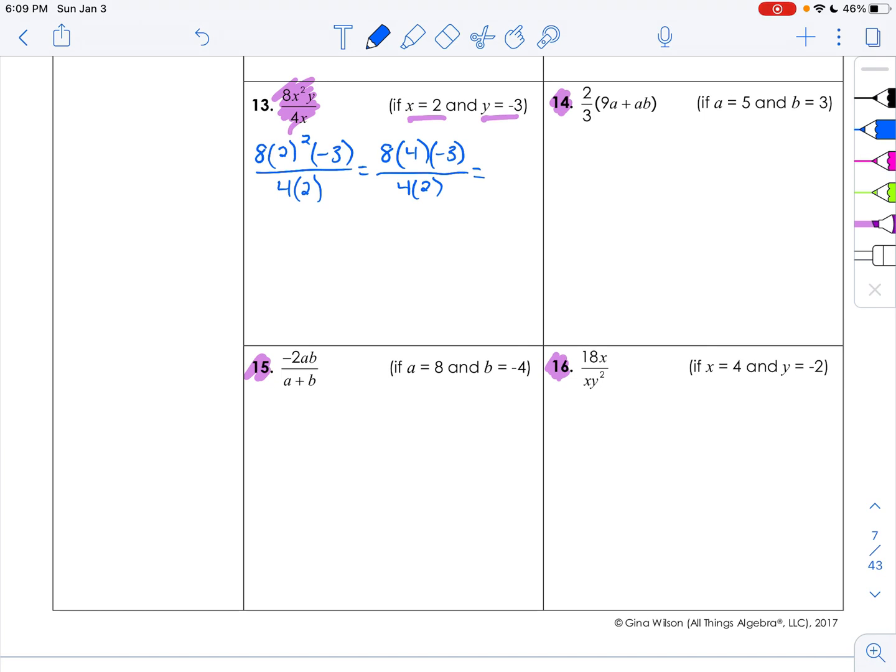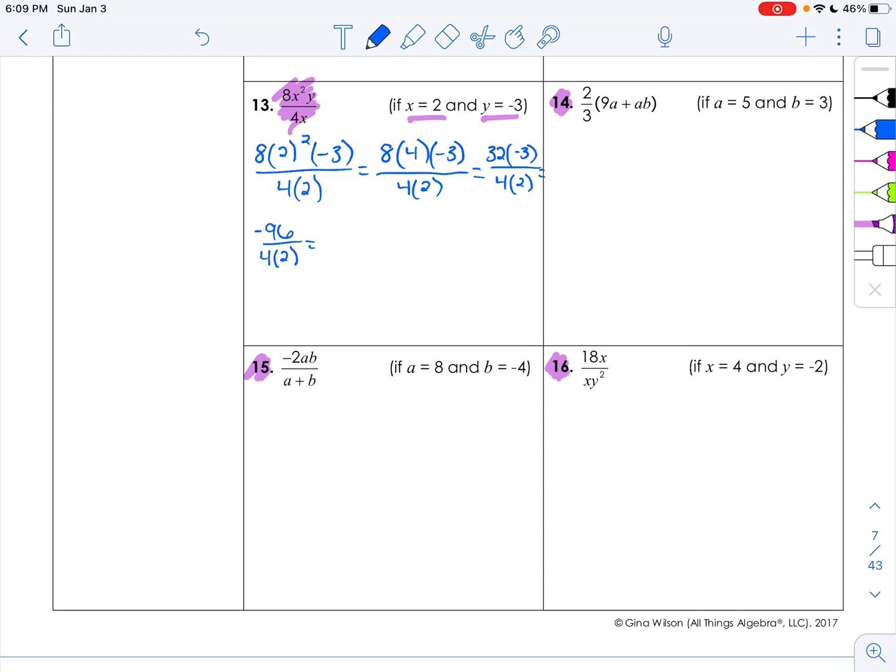Then in our numerator we can start multiplying. 8 times 4 is 32. Bring over your negative 3 and bring over your denominator. And then 32 times negative 3 is negative 96. And then bring over your denominator.